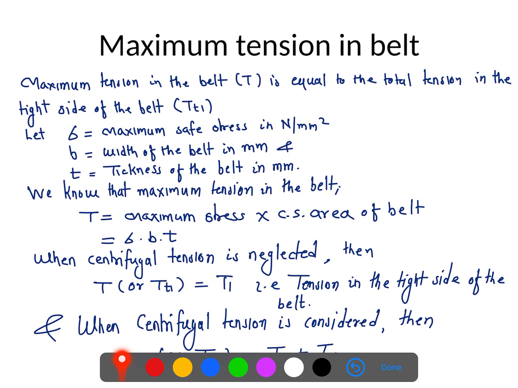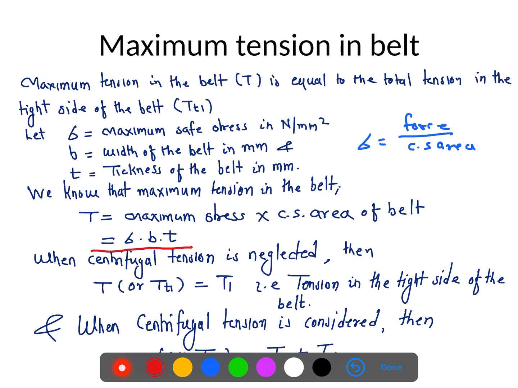We know the stress sigma is equal to force upon cross-sectional area. The force here is the tension in the belt. So the maximum tension in the belt T is equal to maximum stress multiplied by the cross-sectional area of the belt, and the maximum stress is sigma.